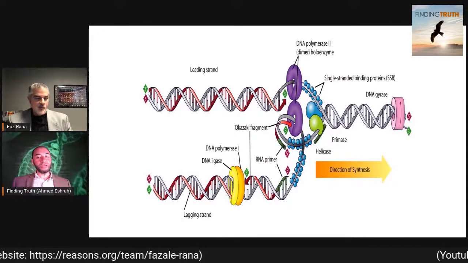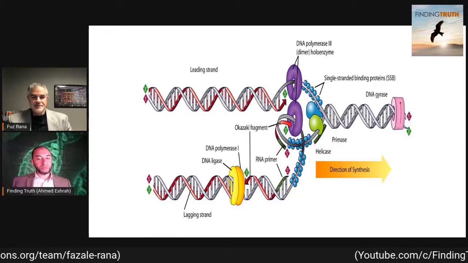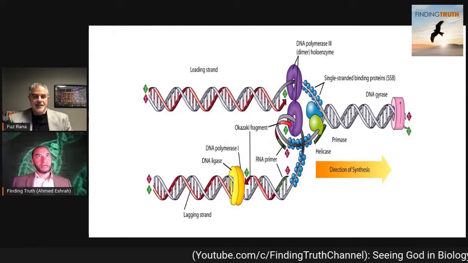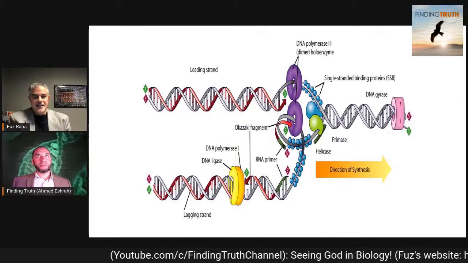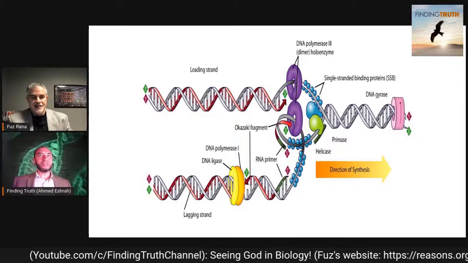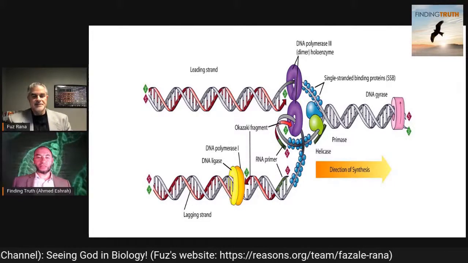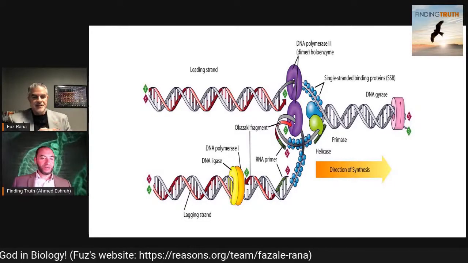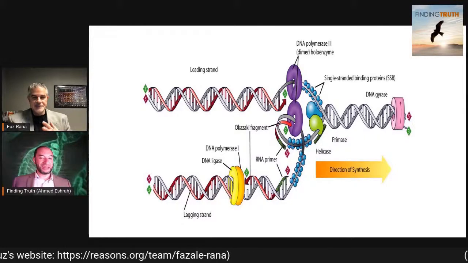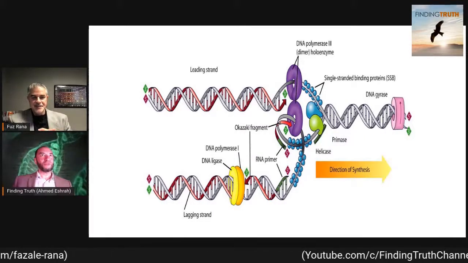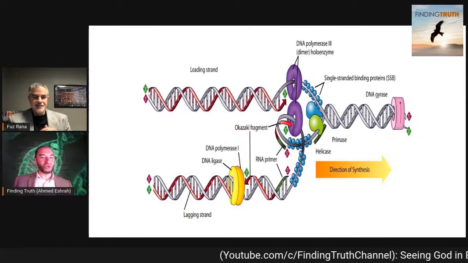I think there must be much more miracles in this. For example, why is there ligase in the first place? And how does it find the Okazaki fragments? And every time it finds them, how does it actually glue the right fragments in the right order to each other?